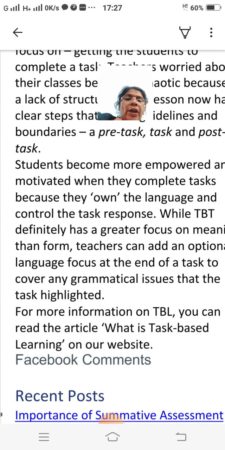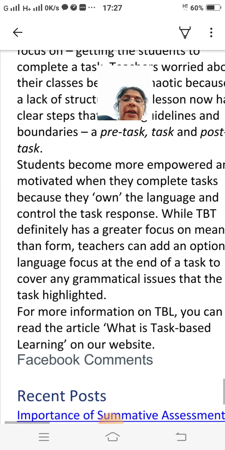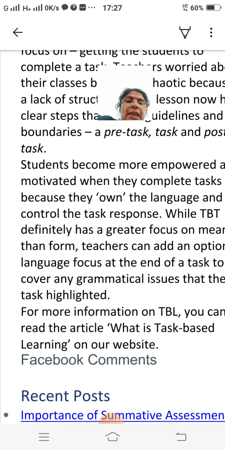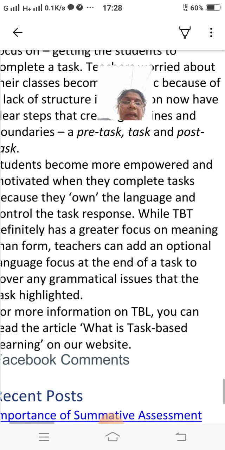Students become more empowered and motivated when they complete tasks because they own the language and control the task response, while TBT also has a greater focus on form.